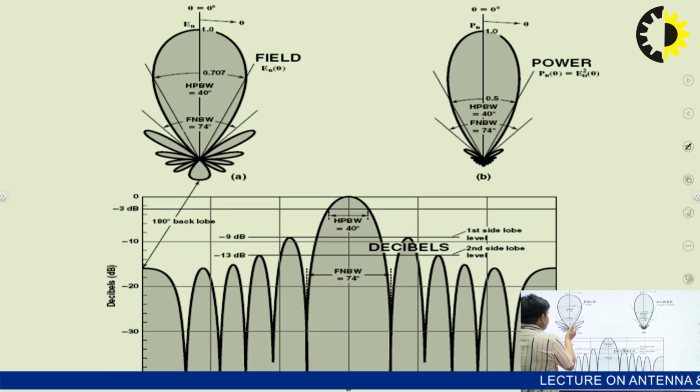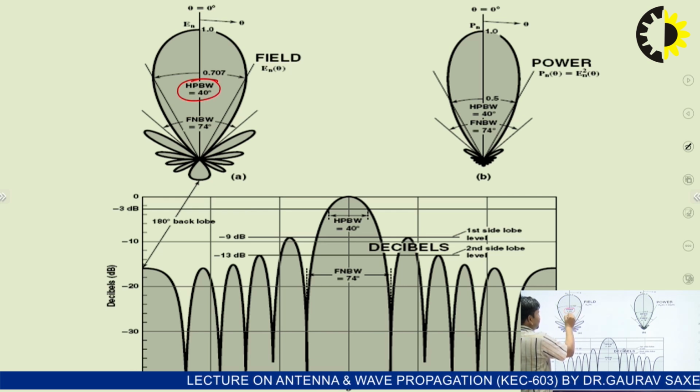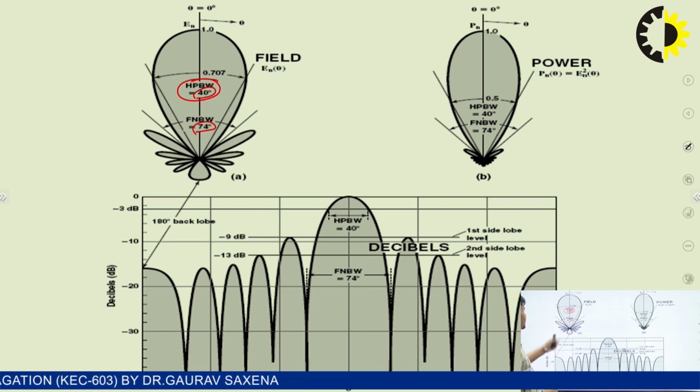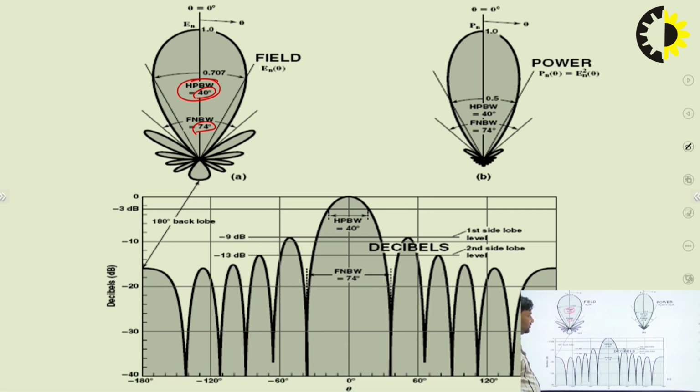So in any radiation pattern of an antenna, we can say the half power beamwidth is 40 degrees and the beamwidth of first null is 74 degrees. This is the r theta phi plot, and this is the xy plot. So we can easily calculate the half power beamwidth and beamwidth of first null from the antenna radiation patterns.